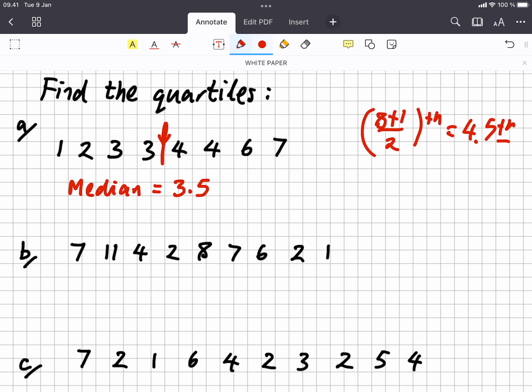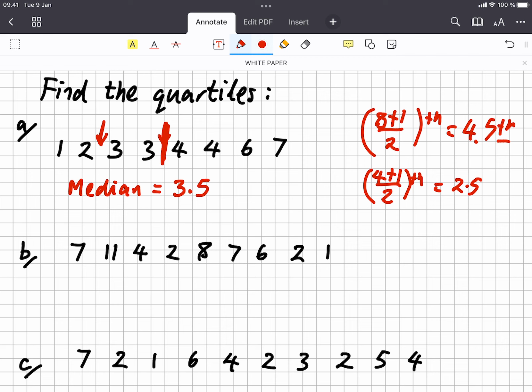So having established the median point, we've got 4 points below and 4 points above. So thinking about 4 values, the halfway of 4 values would be 4 plus 1 divided by 2, which would be the 2.5th value. So we've got to go halfway between the 2nd value and the 3rd value.